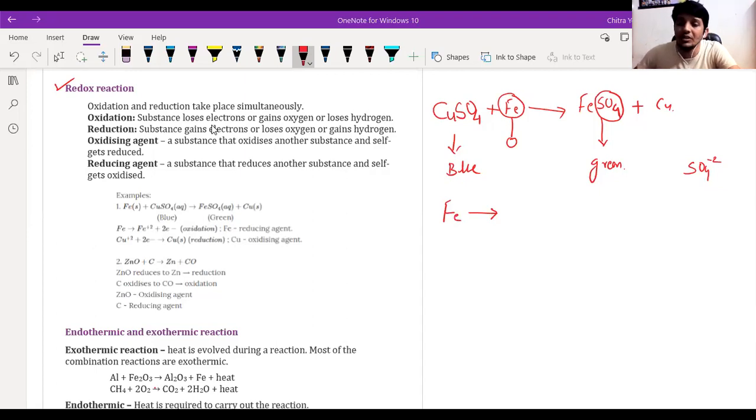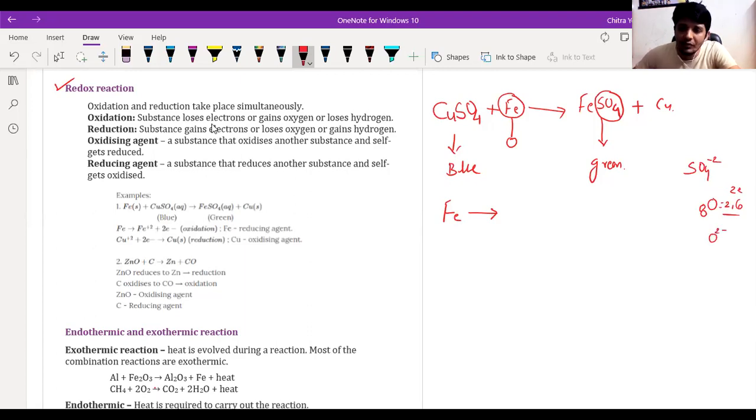We know oxygen has 8 electrons in its atomic form. Out of 8 electrons, 2 electrons are present in the first shell, whereas 6 electrons are present in the second shell. If we write the electronic configuration, oxygen requires 2 electrons to acquire stability. Oxygen is going to gain 2 electrons to form the 2 minus ion.